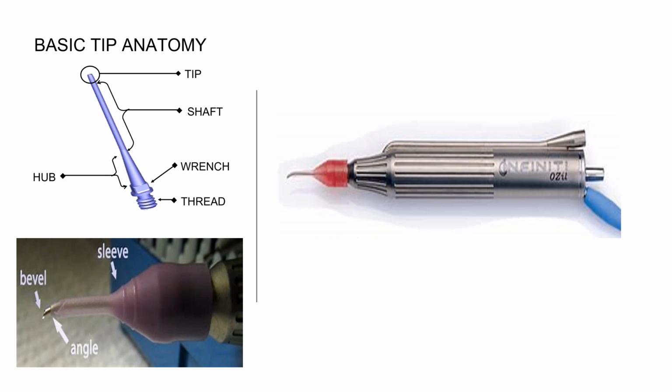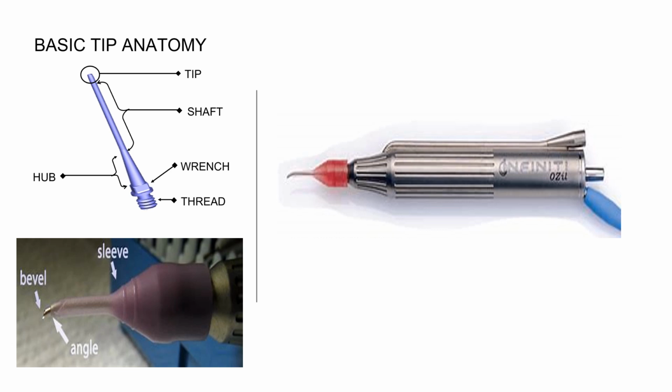So the irrigation fluid that flows from the bottle travels through the irrigation tubing, through the irrigation line in the handpiece, and goes into the eye through the gap between the irrigation sleeve and the tip, and there are two irrigation holes. The irrigation holes help the irrigation fluid to go inside the eye.